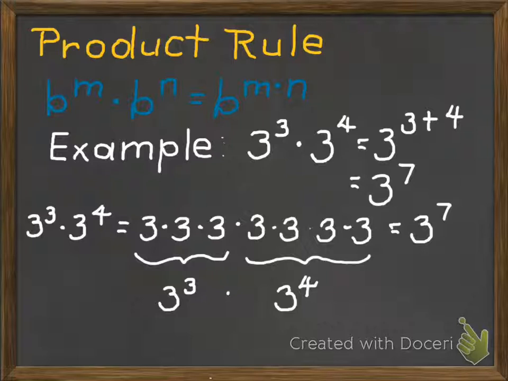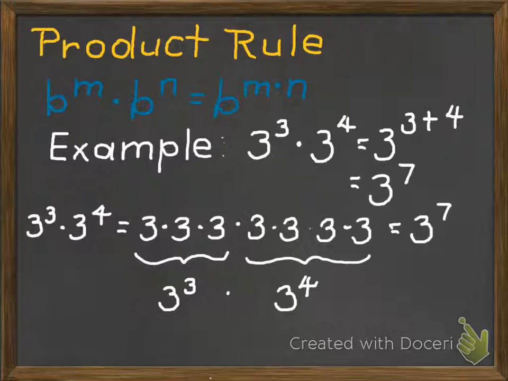Now note, there are a few conditions on all of these exponent rules. The base must be a real number as opposed to an imaginary number, and the exponents are positive integers.